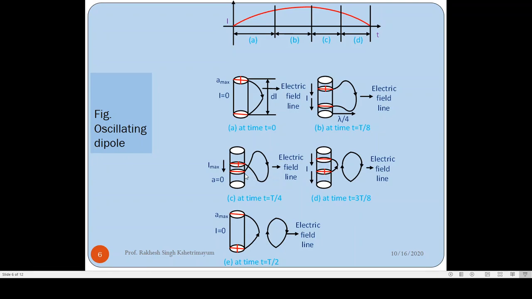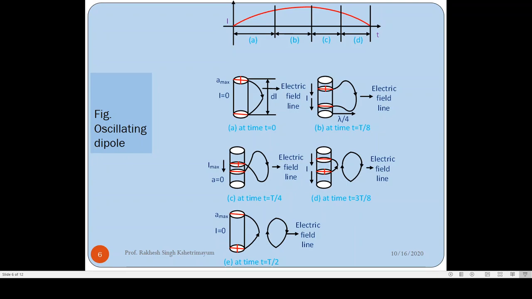But one observation you can make is that when the plus charge and minus charge cross each other, the field lines will cut out at t equal to capital T by 4. At that point the plus charge and minus charge will neutralize: when they reach the same point, the field will become 0.